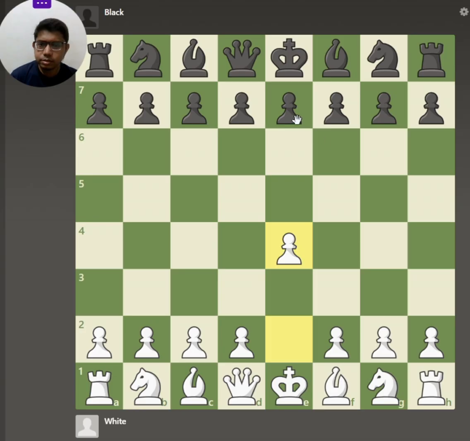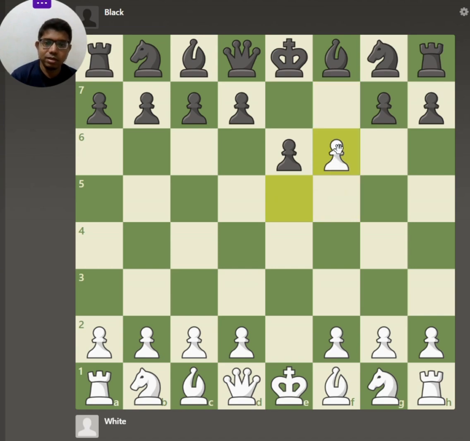So let's see what it means. When the opponent's pawn comes to the same horizontal line from its first move position, then we can play this special move diagonally to go there. It only works in this condition, otherwise it doesn't work.